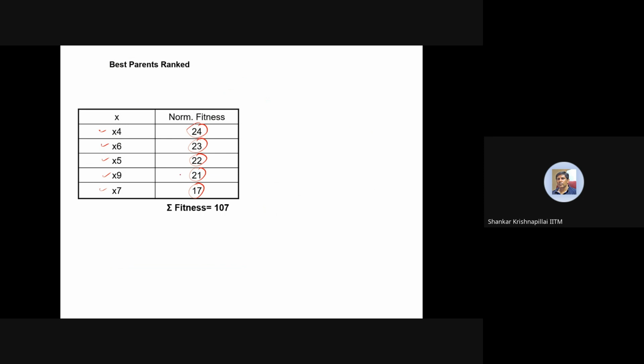Suppose this is minus 23 and minus 21, then all the calculations will go wrong and this entire method will not work. So all the fitnesses have to be converted to positive values.